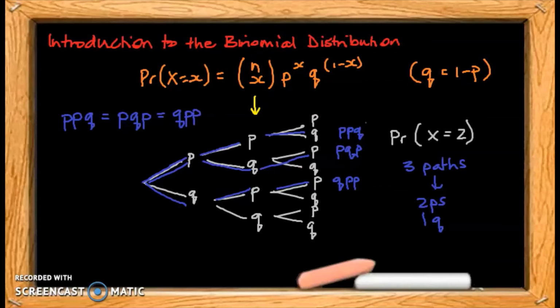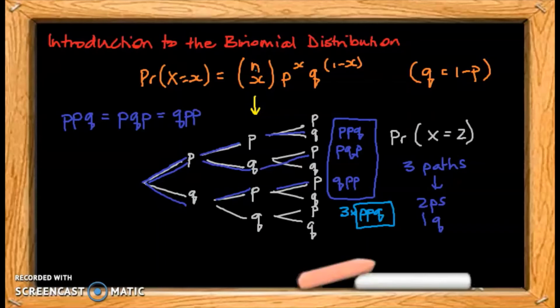So therefore here, the fact that I have three paths means in my calculations, I can calculate that this probability will be 3 times P, P, Q, whatever those probabilities are.